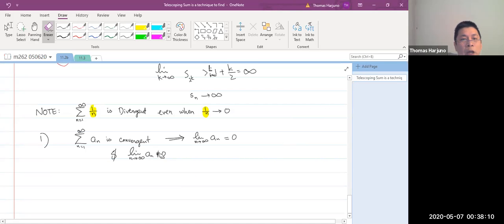Suppose we know that. Proof: it is known that the nth partial sum is the n minus first partial sum plus the nth term.